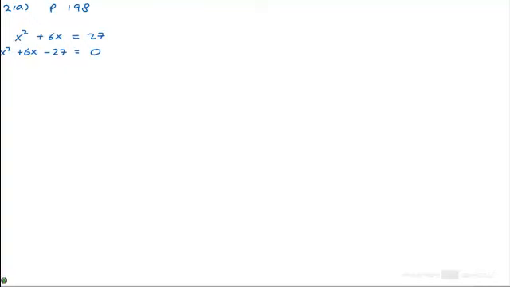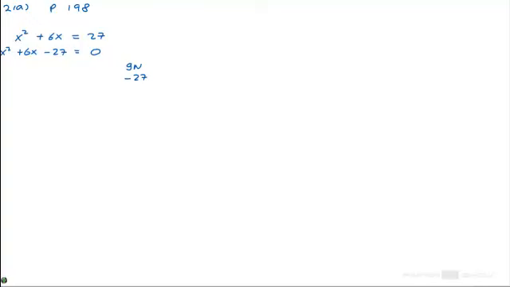Of course lads, when you bring something over an equal sign, you change the sign. Strictly speaking, we're taking 27 from both sides, but as a shorthand version, we know this. So we say 1 by 27, so our guide number is going to be minus 27. What two numbers multiply to give us minus 27?